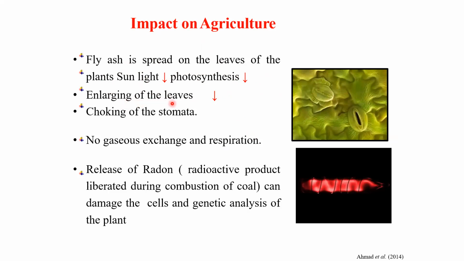The enlargement of leaves is reduced, meaning their growth is reduced, and there is choking of the stomata, so no gas exchange and respiration, and the release of radon. Radon, one of the most dangerous releases from the combustion of coal, can damage the cells and genetics of the plant. So this radon is also a dangerous one.